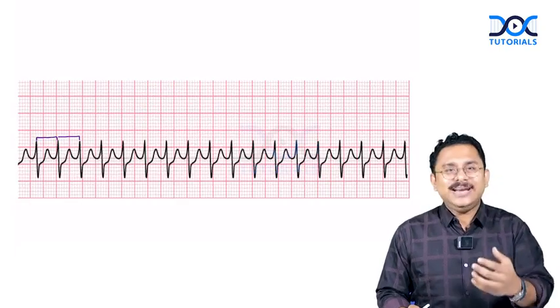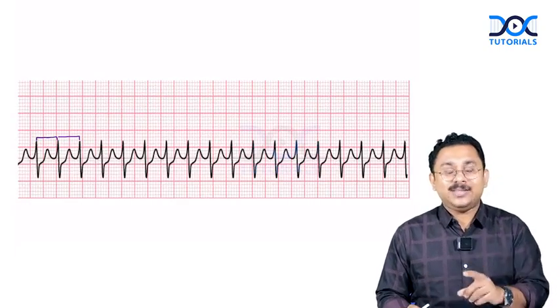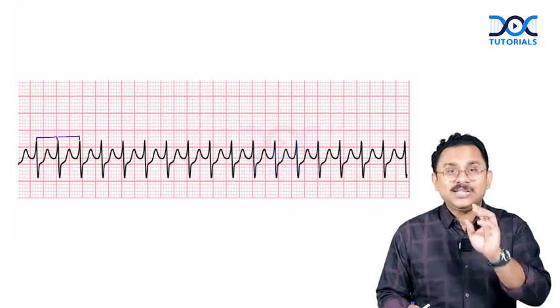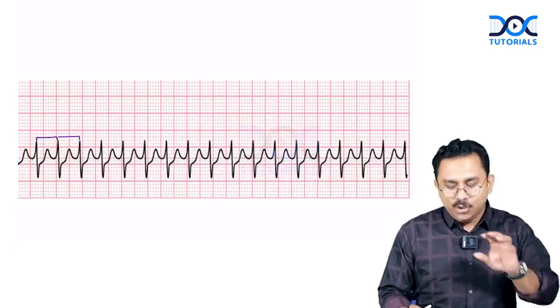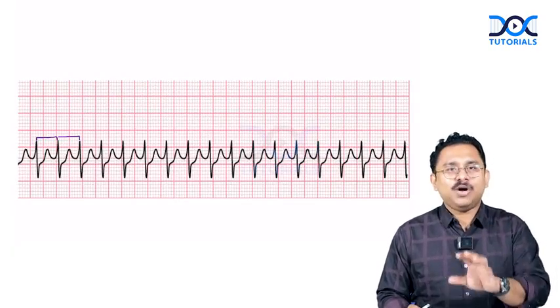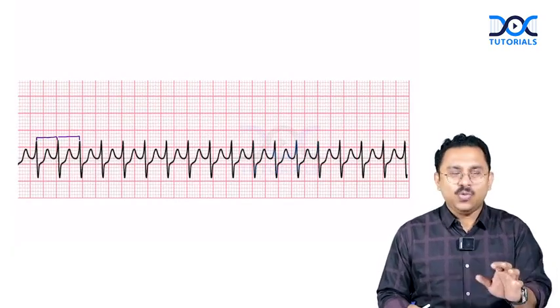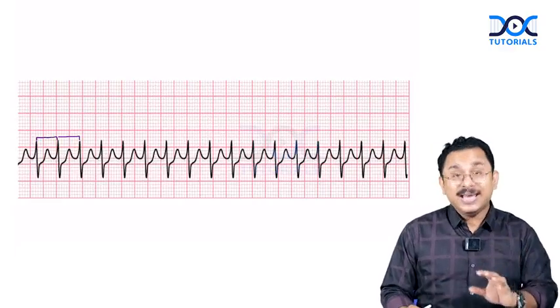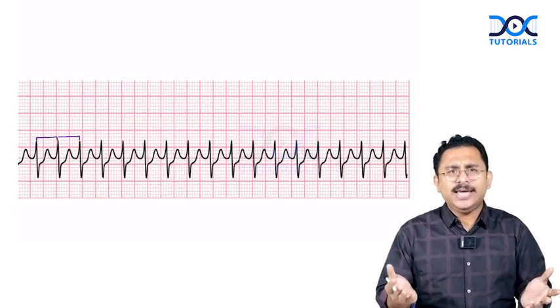Now, once you decide it is a regular narrow complex tachyarrhythmia, what is the next step? Please look at the P wave. Do you have a regular morphology P wave here? No. You are having absent P waves. Are you seeing any P waves?